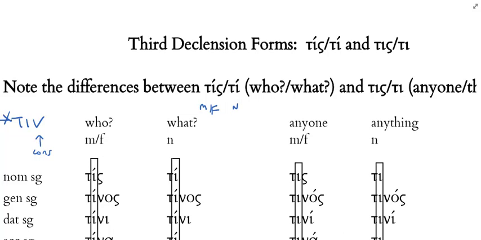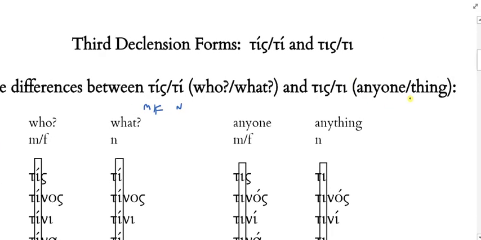Now, this is not to be confused with the tis and ti that don't have the accent on the iota. There, it is the indefinite pronoun. Anyone, anything, or someone, something, or a certain one, or a certain thing are the ways that our English translations tend to gloss this indefinite tis and ti.